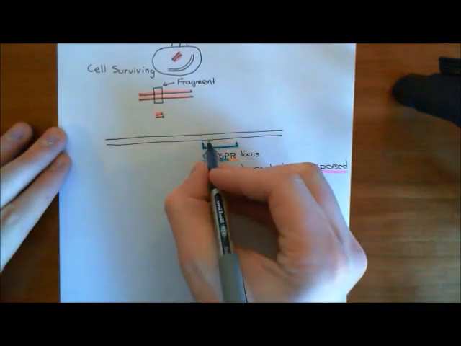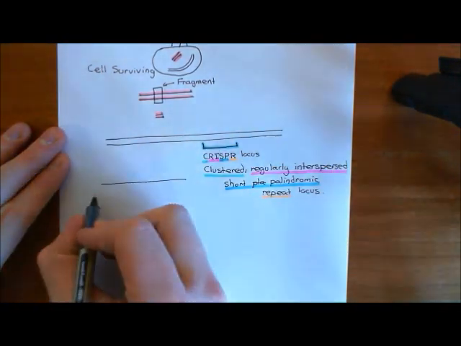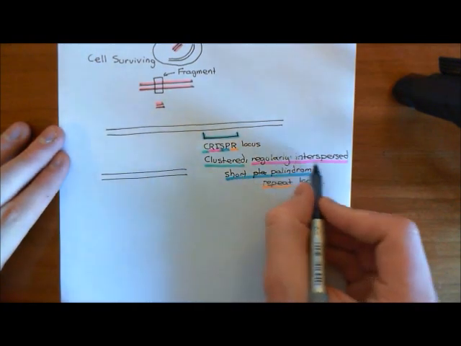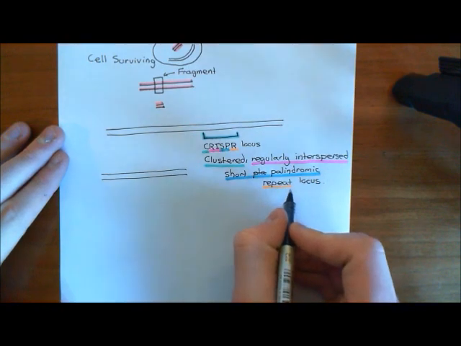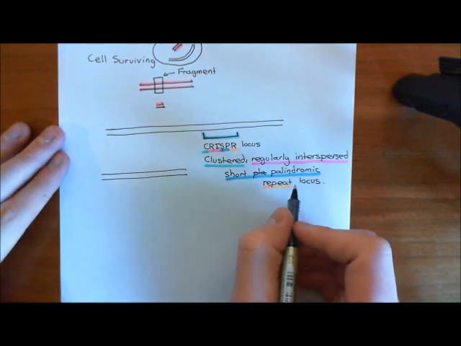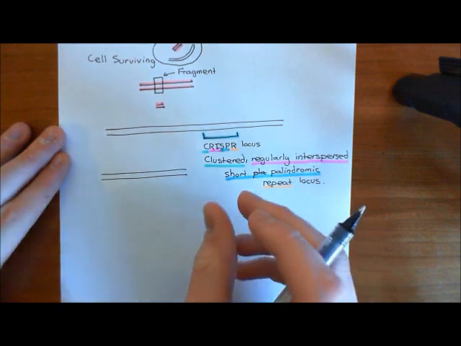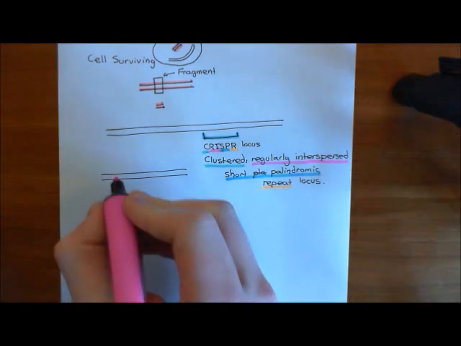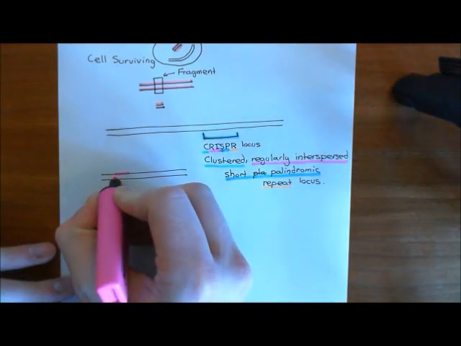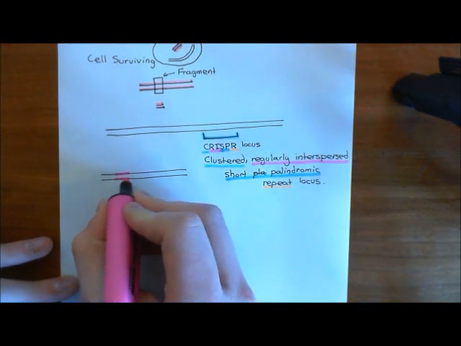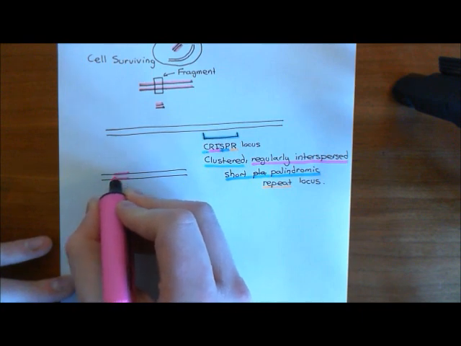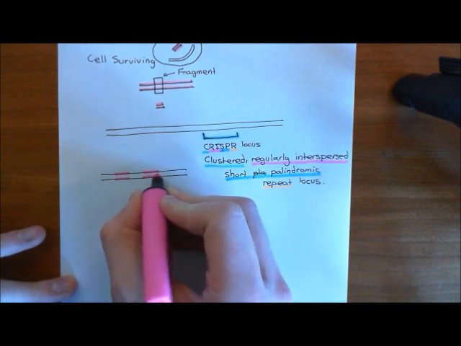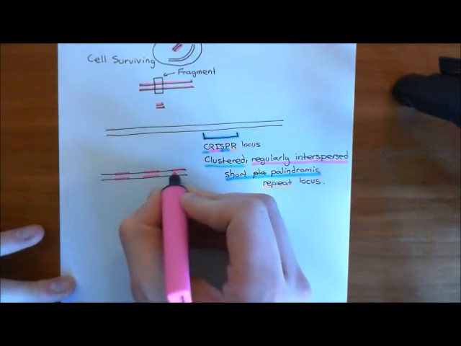Right, so let's now pull out the CRISPR locus and draw it in a little bit more detail. The reason it's called the clustered regularly interspersed short palindromic repeat locus is that it has a number of sequences which are repeated multiple times. So let me put these repeats in. We'll show these repeats in purple. Here is a section of the CRISPR locus, which is a sequence of organic bases, and we are going to repeat this identical sequence multiple times in the CRISPR locus.